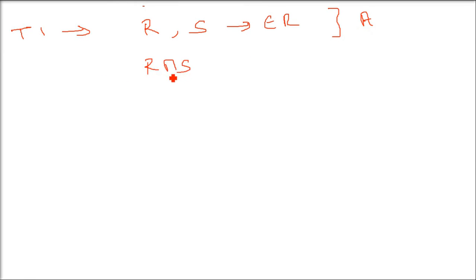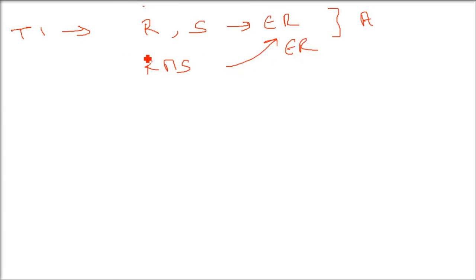When we are going to solve problems, we need some theorems that we are going to use directly. So let me refer to these theorems here. Theorem 1 is: if R and S are two equivalence relations on a set A, then R intersection S is also an equivalence relation.